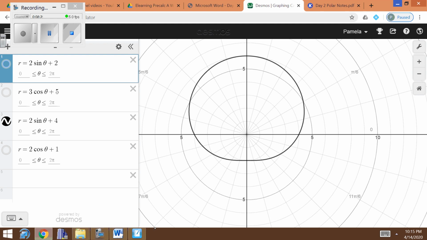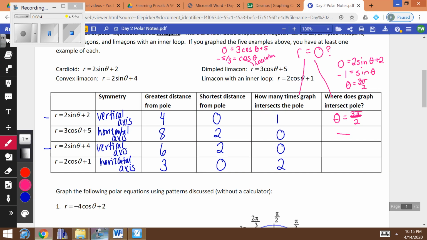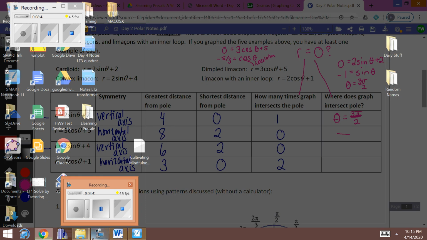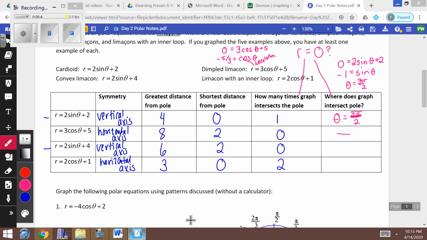So notice, again, symmetric to the vertical axis like our normal sine circles were before as well. So this one, greatest distance from the pole is 6, smallest distance from the pole is 2. Notice it does not cross through the pole at all. So let's go back and look at it. Again, thinking through it, the biggest value for the sine would be 1. 2 times 1 plus 4 would give us 6.